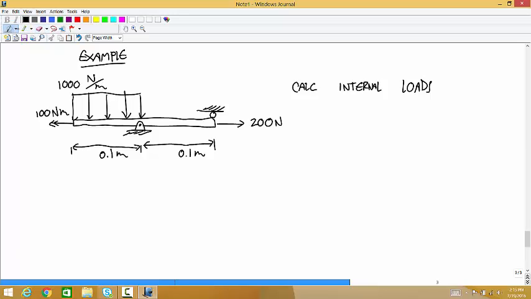All right, the first thing we have to do is calculate the external loads. So a free body diagram of the whole thing.